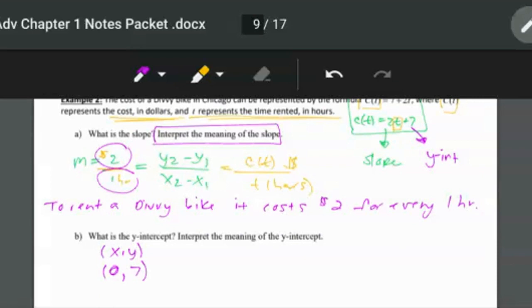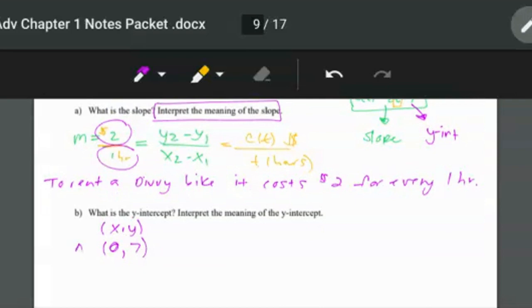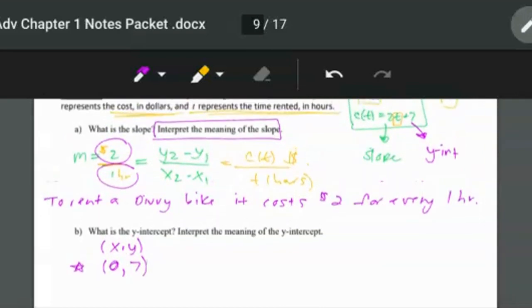So to interpret the meaning, I use this point to help me. Again, my x's are really t's, those are in hours, so this 0 represents 0 hours. And my y's were my C of t's, those were in dollars. This represents $7.